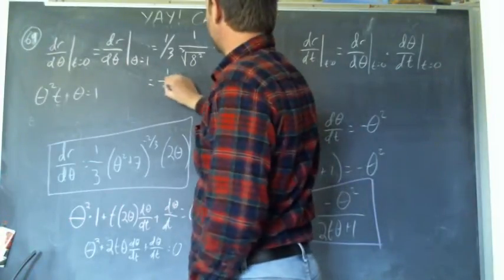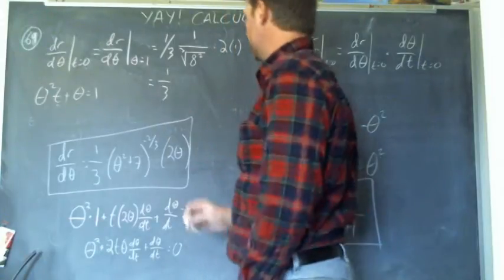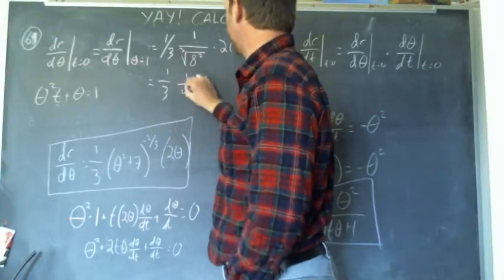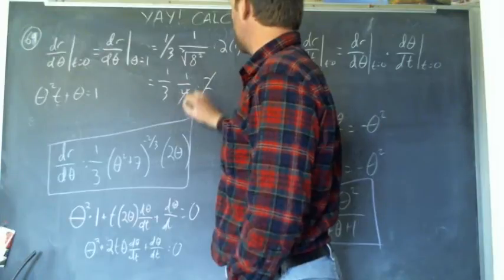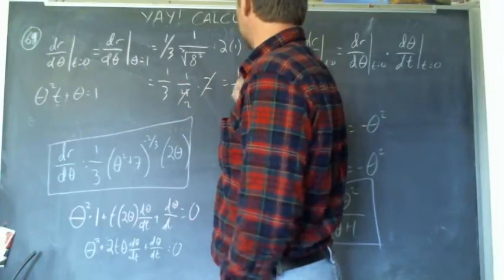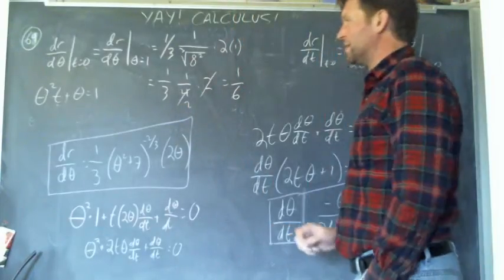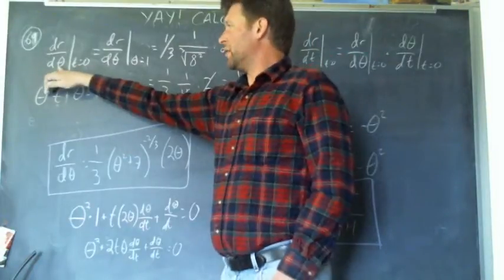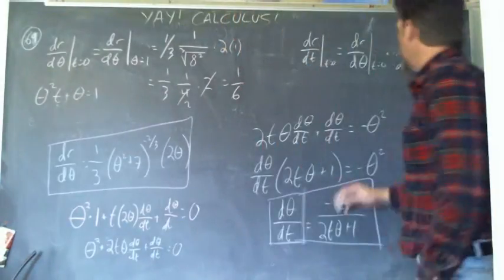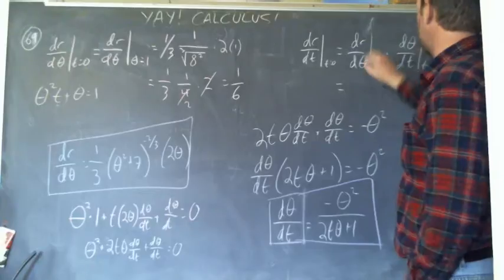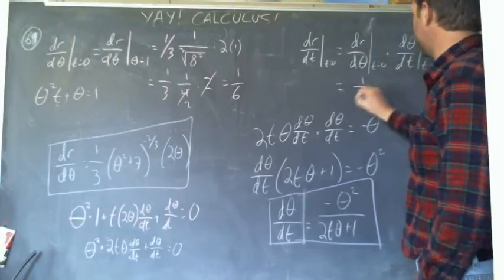That's going to be 1/3. The cube root of 8 squared is going to be 4. The 2 and the 4 will cancel. This equals 1 over 6. So that's dr/d theta at t equals 0 equals 1/6.